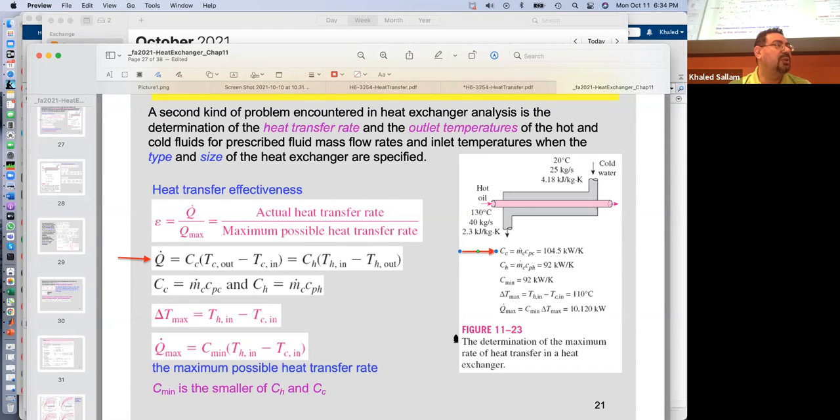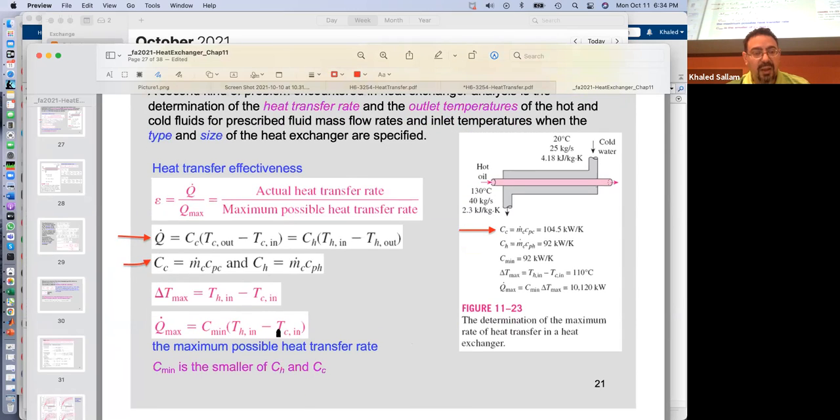Okay, so M dot CP is equal to capital C. The capital C, the heat capacitance of the heat exchanger, is M dot CP. So here he's explaining to us what capital C cold and capital C hot are.